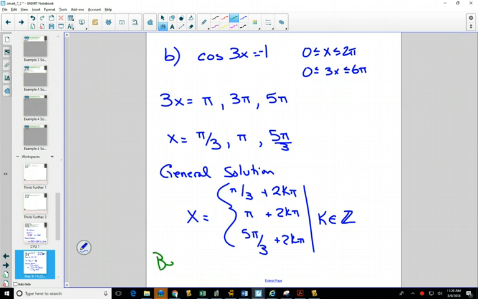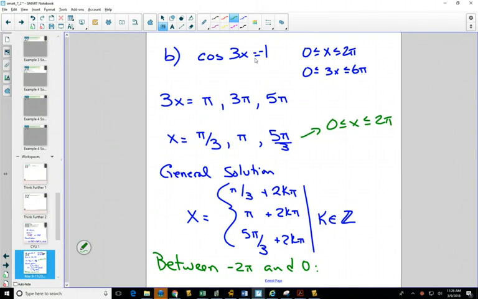If we wanted to list the answers between negative 2 pi and 0, we have our answers between 0 and 2 pi, those three answers.